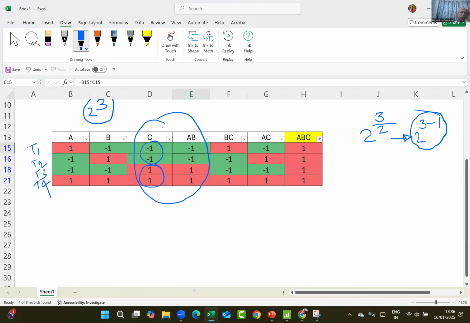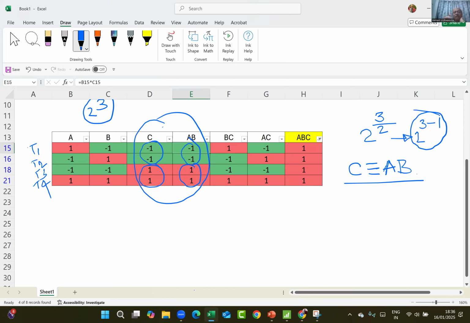But AB also is the same calculation. That means C cannot be distinguished separately from AB, because the same runs will come in the calculation. I would say the effect of C is confounded with AB, that is, the two factor interaction AB.